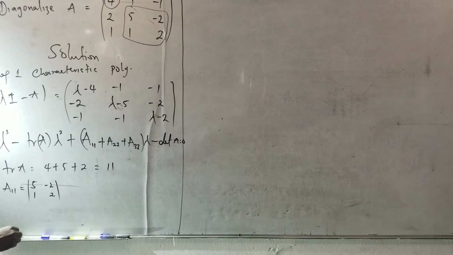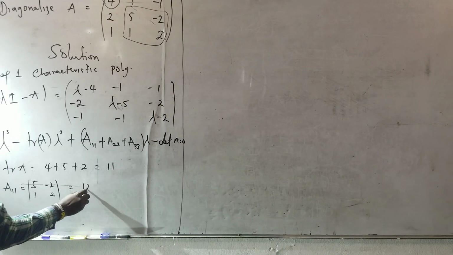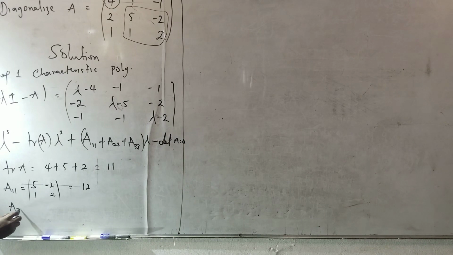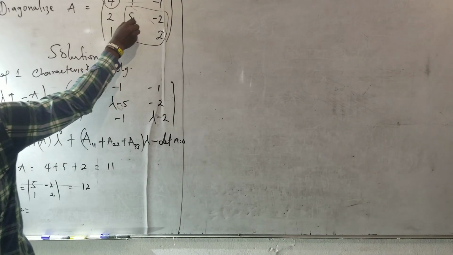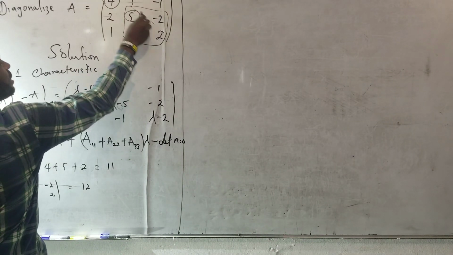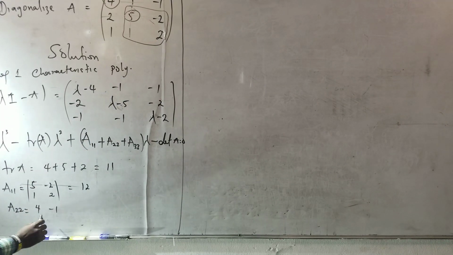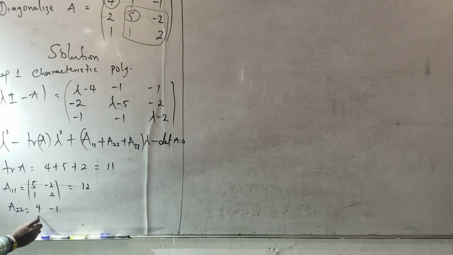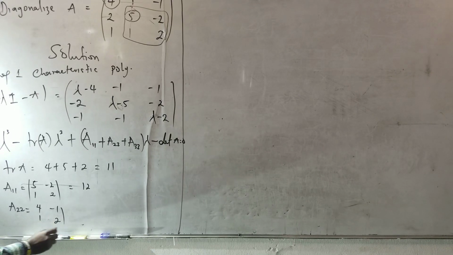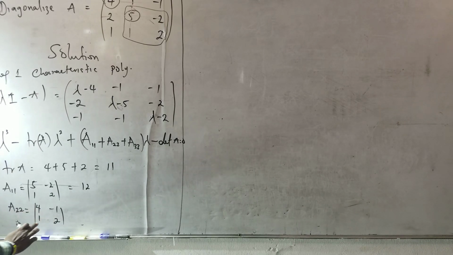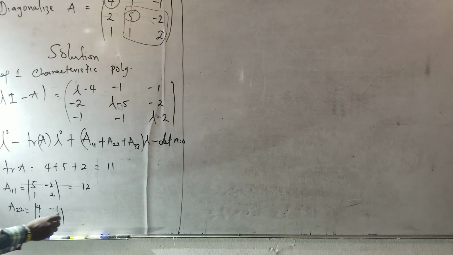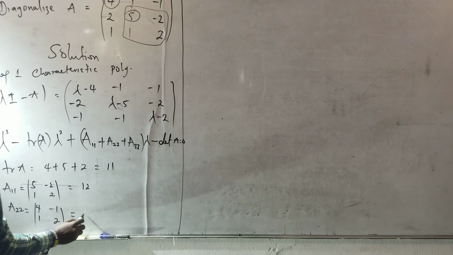Now when you do this, I'll be having 12. Now my A22 will be what? At this point I'm working on this part. It means this part and this part. I'll be talking about 4, minus 1, and 1 and 2. Now by finding that will be 8 and plus 1, it will be 9.